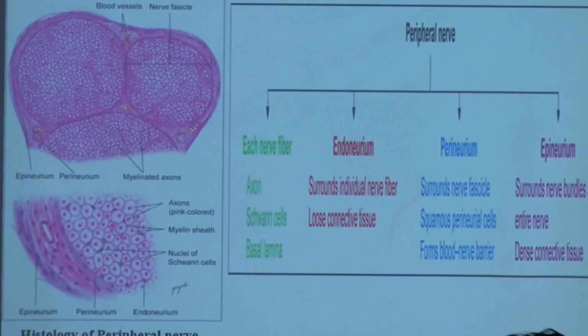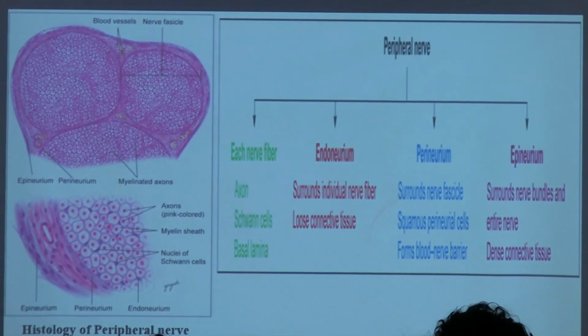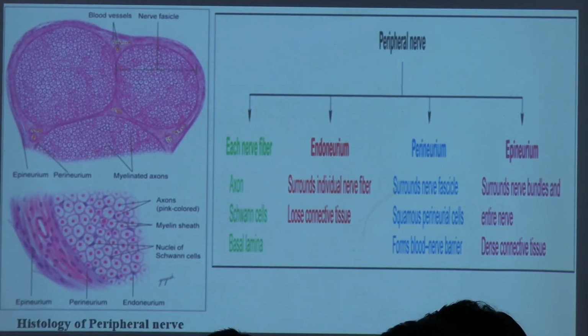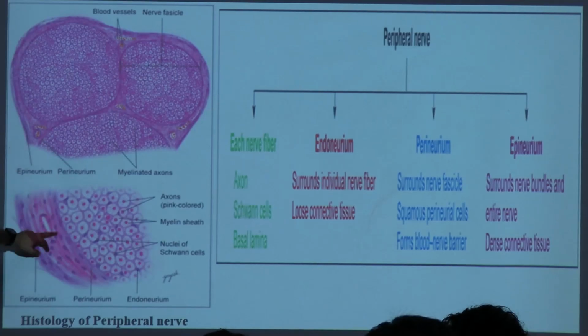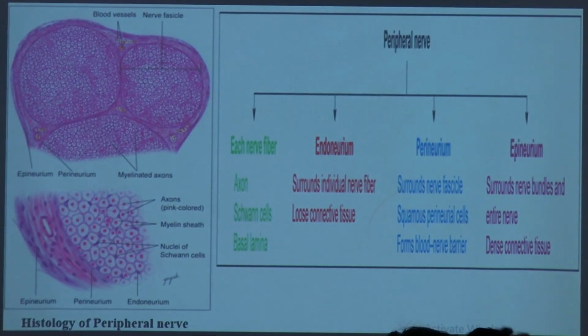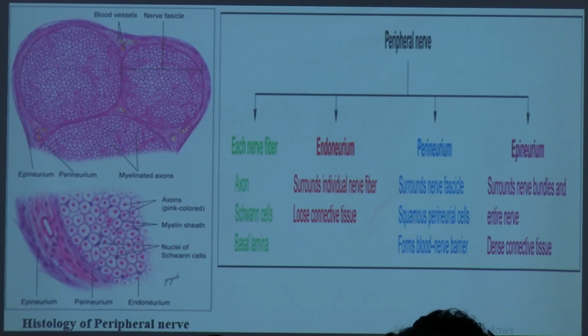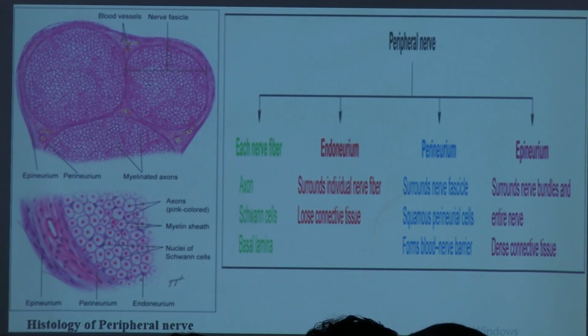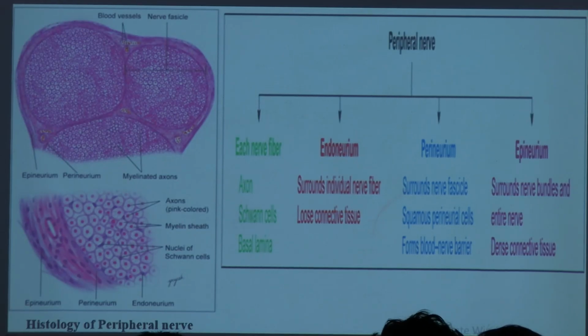This one. In peripheral nerve you have to write the histology and draw both diagrams, and the entire structure. Whenever you are writing the structure, make sure that you mention endoneurium, perineurium and epineurium.